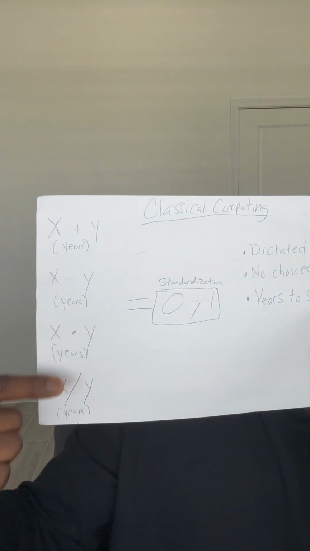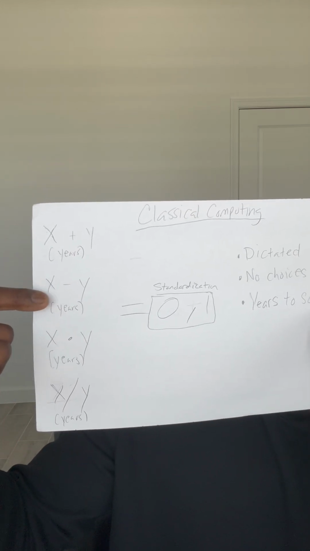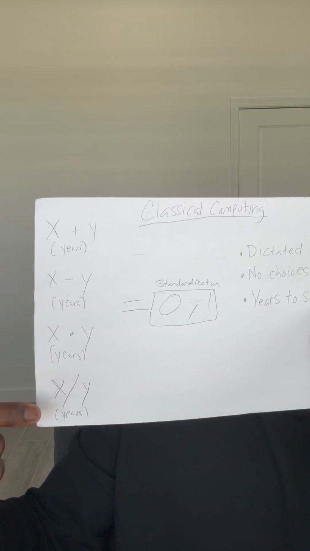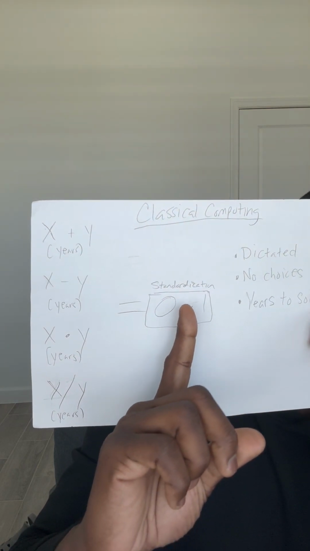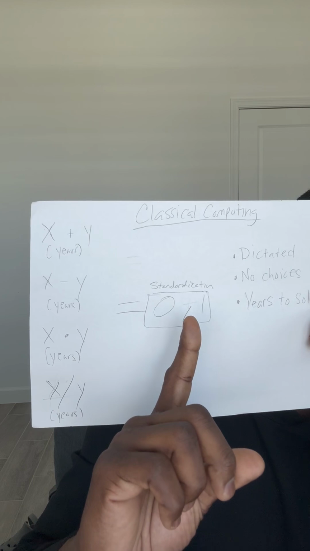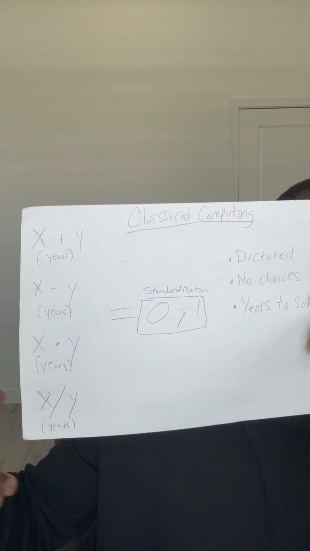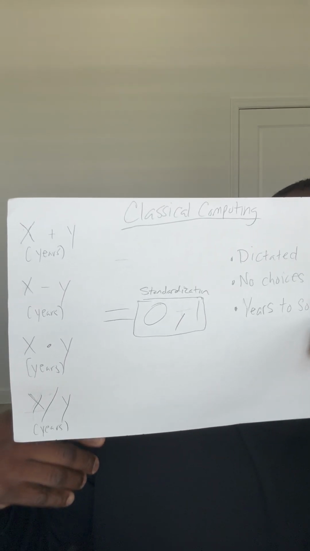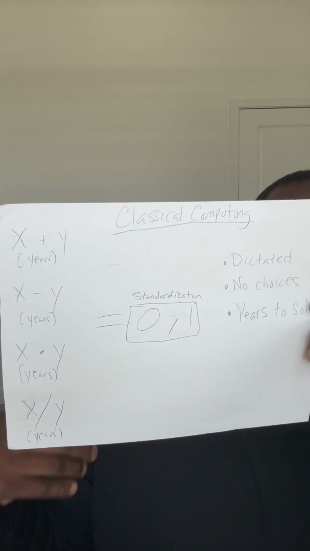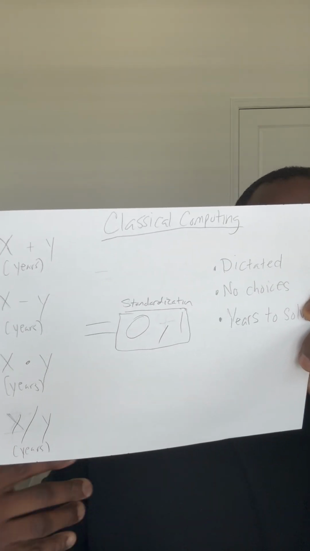No matter what the problem is using X's and Y's, whether it's adding, subtracting, multiplying, or dividing, the one result is always going to be zeros and ones. That's what a classical computer is standardized by, and that's what they want humans to be standardized by, zeros and ones, that no matter what the results of our problems are, it's always going to be zeros and ones. Okay, and that's not true.